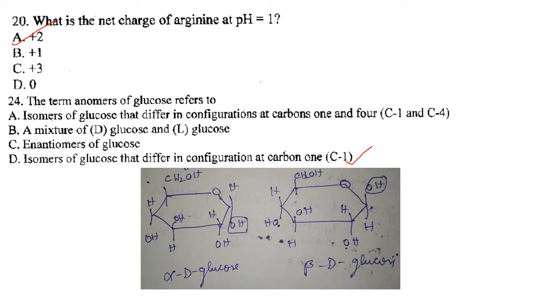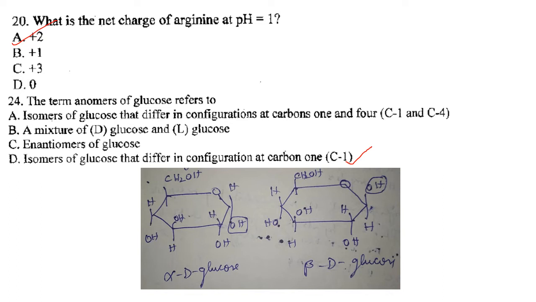Then you have got the amino groups, one at the side chain and the other at the N terminal. These two combined together will give a net positive charge, so it will be plus 2. Answer is option A.